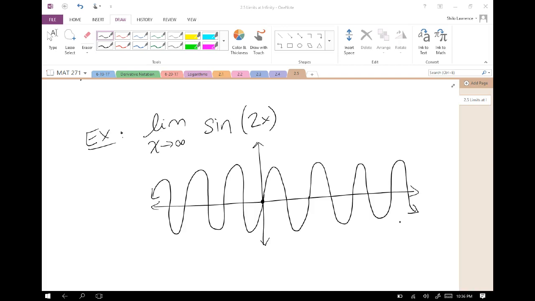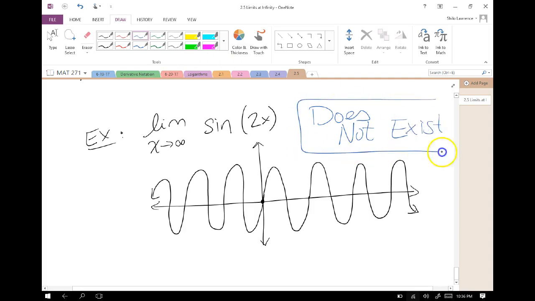What we're looking for in a limit is for our y value to eventually settle into one specific value, and this graph does not do that. So we would say that this limit does not exist, because this sine graph never settles down. It keeps making that wave over and over again. And the same would be true if we did the limit as x approaches negative infinity.